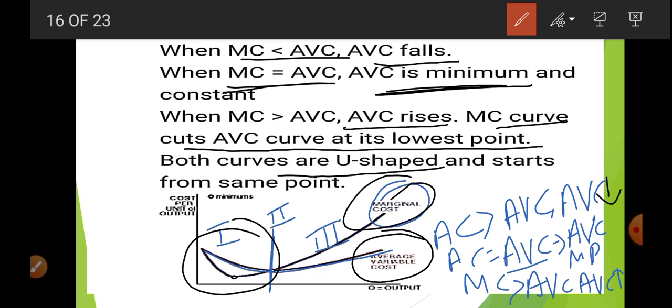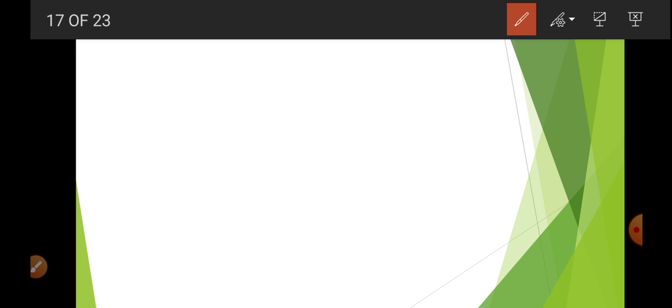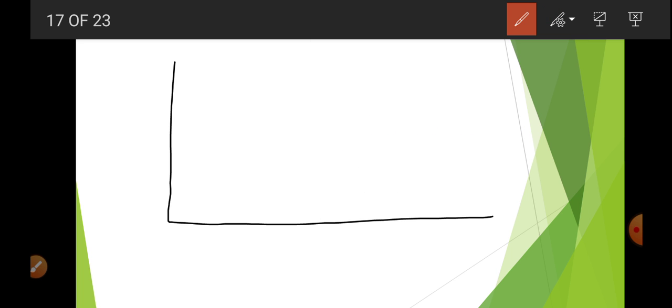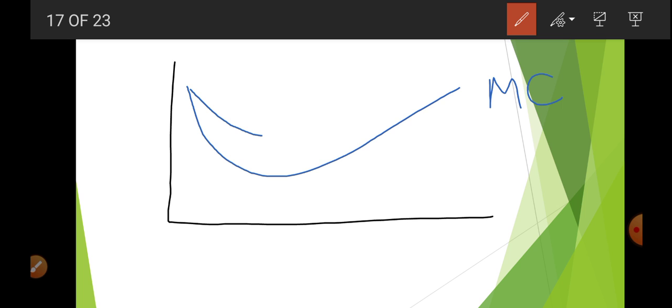Both curves are U-shaped and start from the same point, and both are U-shaped because of the law of variable proportion. Okay, so one more time, if I draw both curves, this is your marginal cost curve and this is your AC curve.